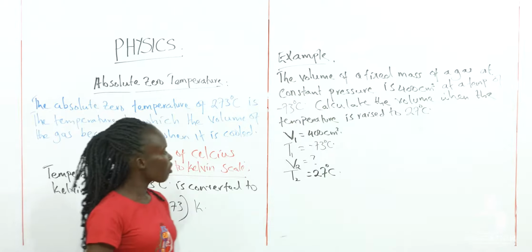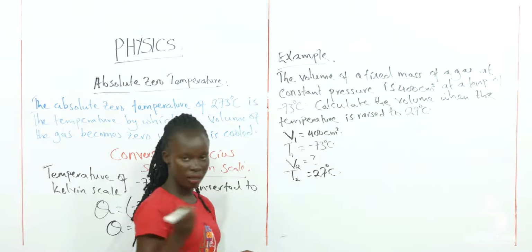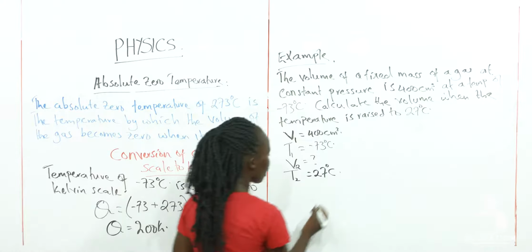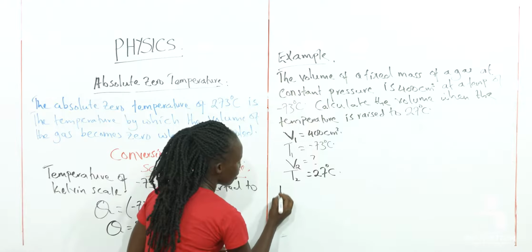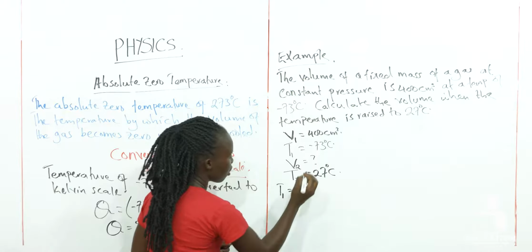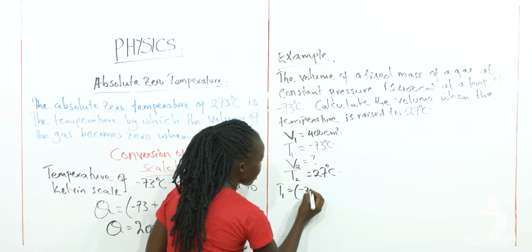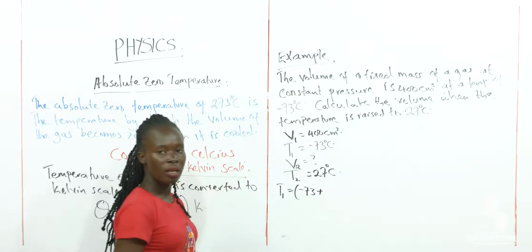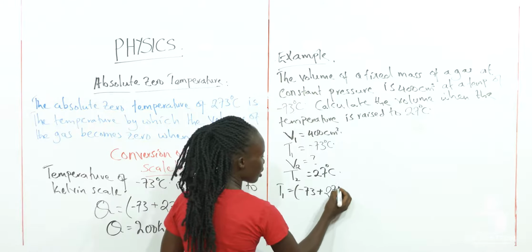For the first temperature, we have negative 73 in the Celsius scale. How do we convert that? Our T, the temperature, will equal negative 73 plus the absolute zero temperature, which is 273.